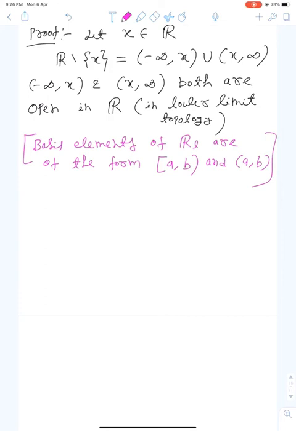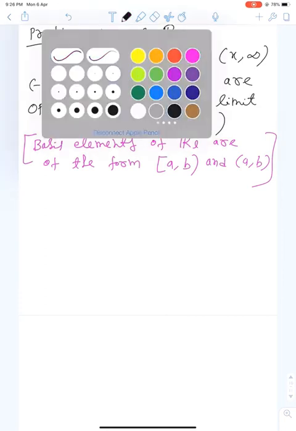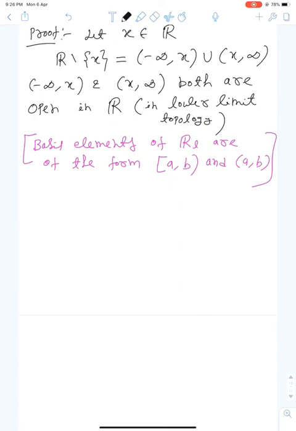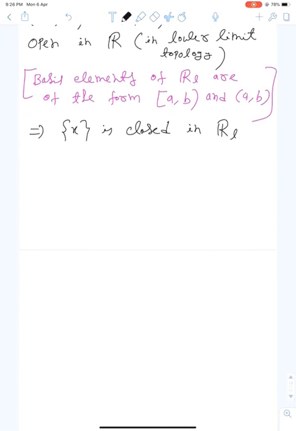Right? Okay. So therefore R minus {x} is open, therefore the singleton {x} is closed in R_L. Okay. Now we need to prove that it is normal.